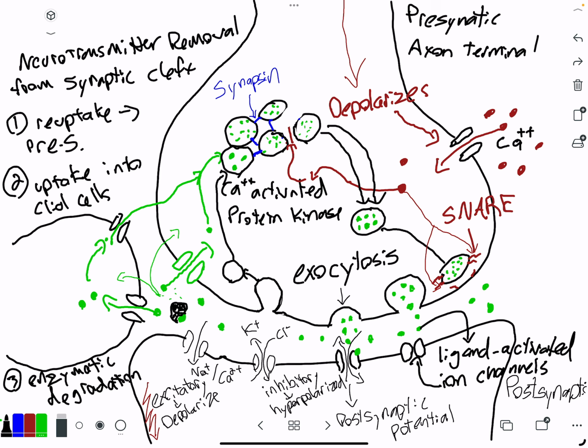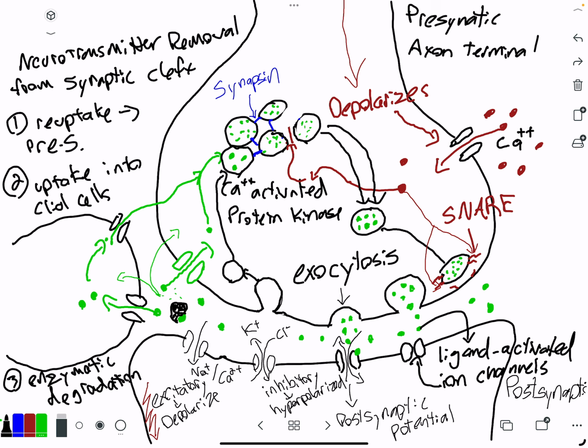So chemical synaptic transmission is kind of a carefully timed sequence of events. We have the vesicles that are ready, waiting there for an action potential to come. That action potential causes an influx of calcium via the voltage-gated calcium channels. This causes the vesicles to break apart from the synapsin vesicle complex.